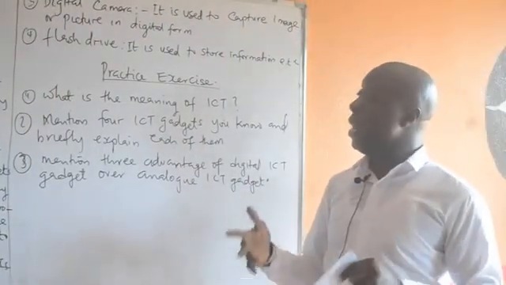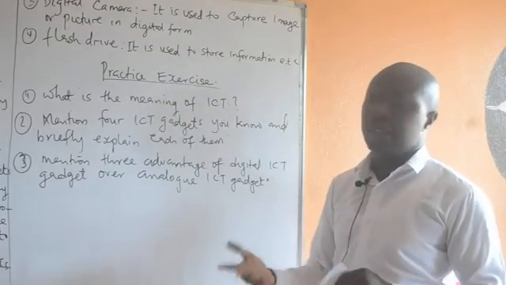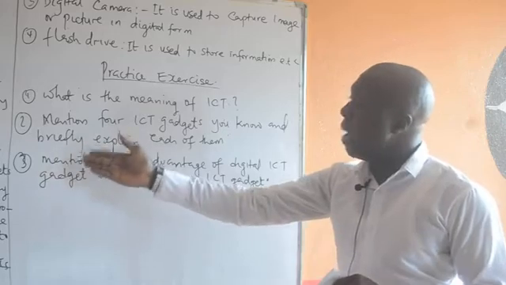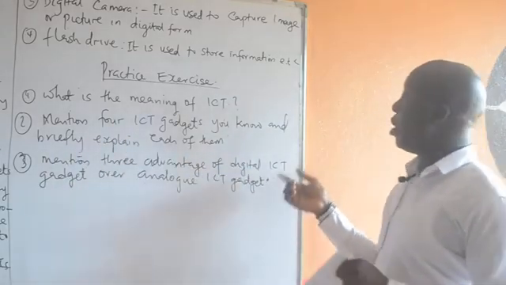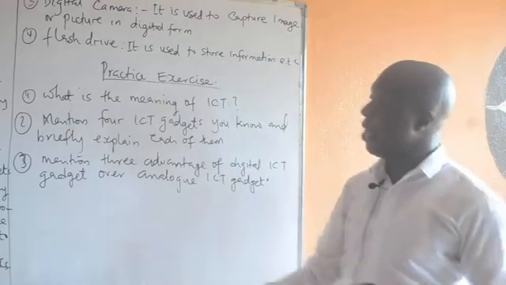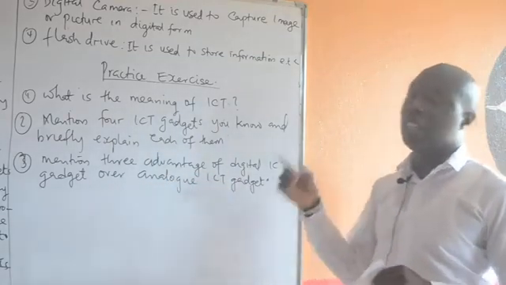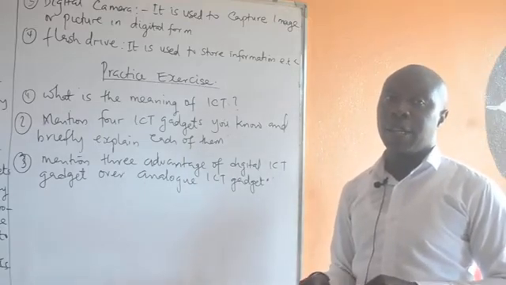That is, you are expected to list four ICT gadgets and also explain the four listed. Finally, mention three advantages of digital information communication technology gadgets over the analog information communication technology gadgets. Thank you and God bless you.